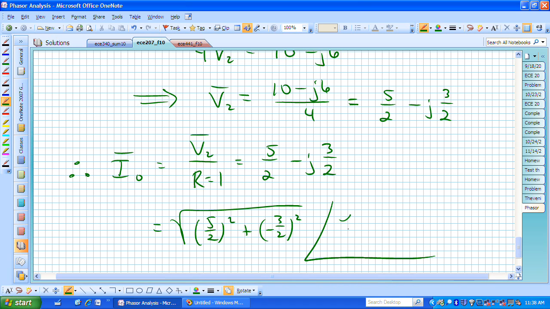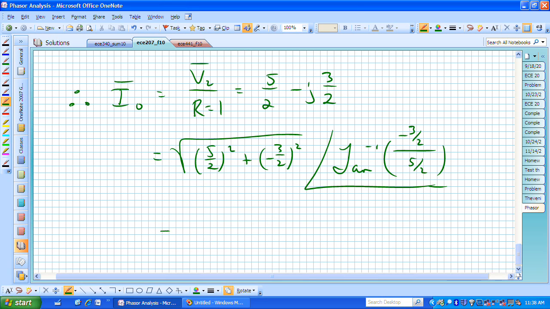And the angle of that phasor is the inverse tangent of the imaginary piece over the real piece. And if you do that algebra, you'll end up with 2.915 for the magnitude. And if you take the inverse tangent of minus 3/5, you will end up with minus 30.96 degrees.